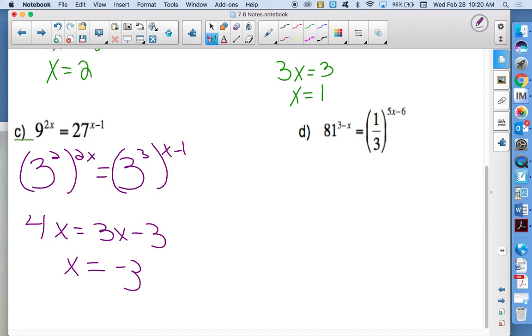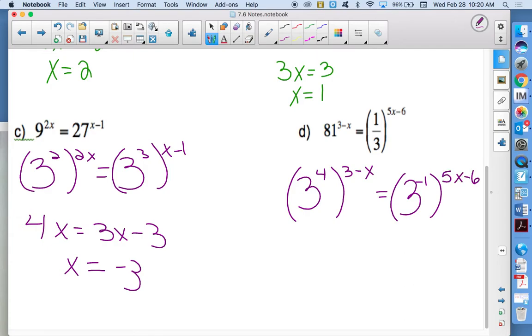Letter D, what would we change 81 to? Yeah, 81 is 3 to the 4th. That common power sheet might be pretty helpful. And then 1/3 is really 3 to the -1. So our equation becomes, nice.